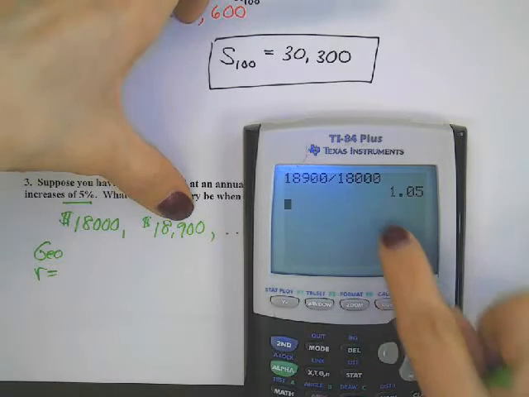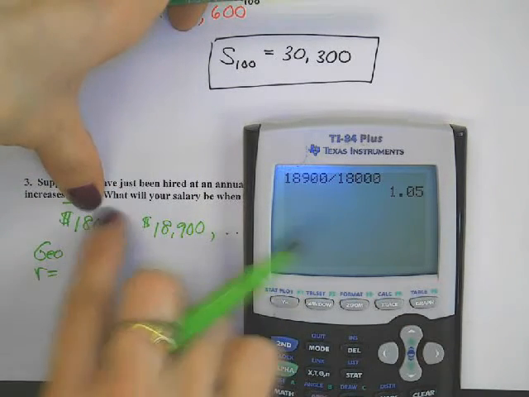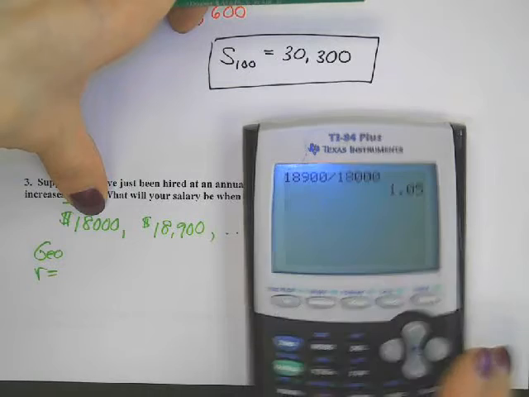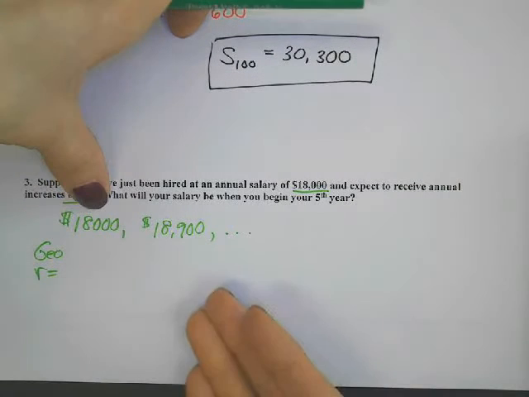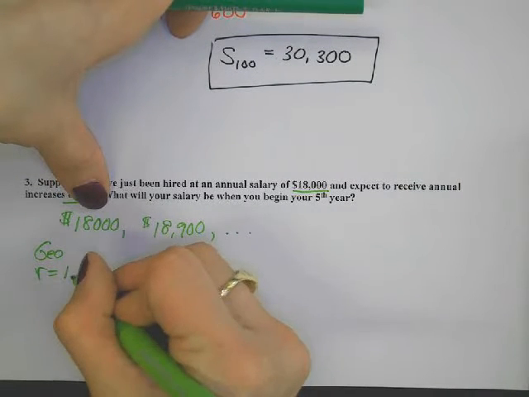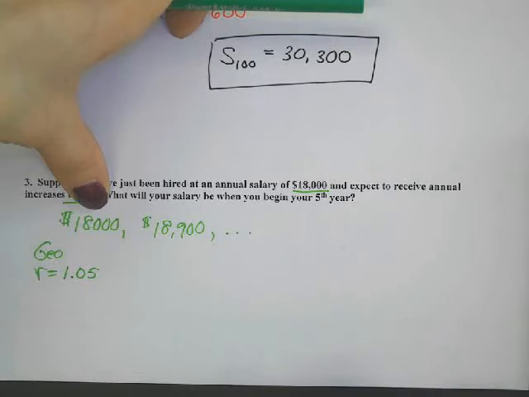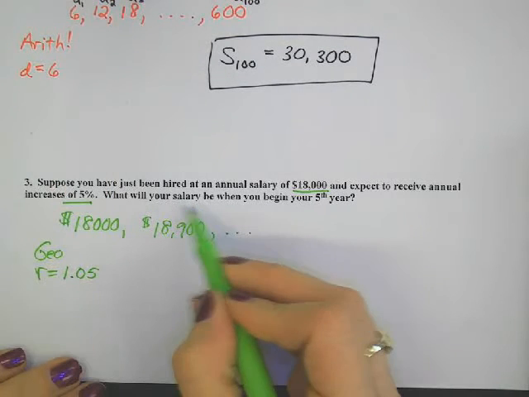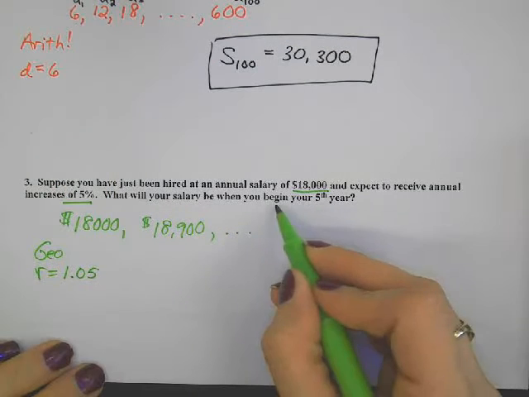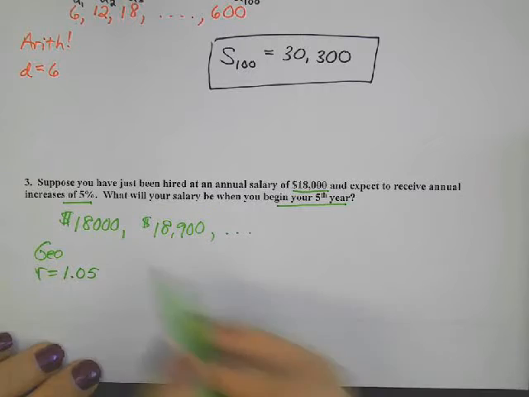So every time you multiply by 1.05, you're making that money plus a little bit more money. So r is 1.05.